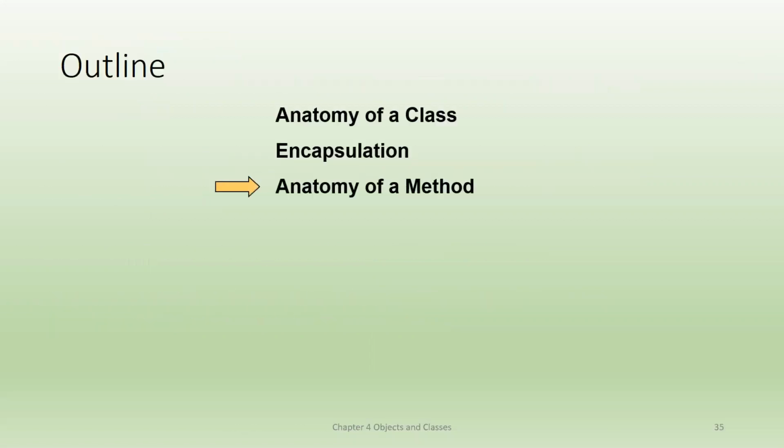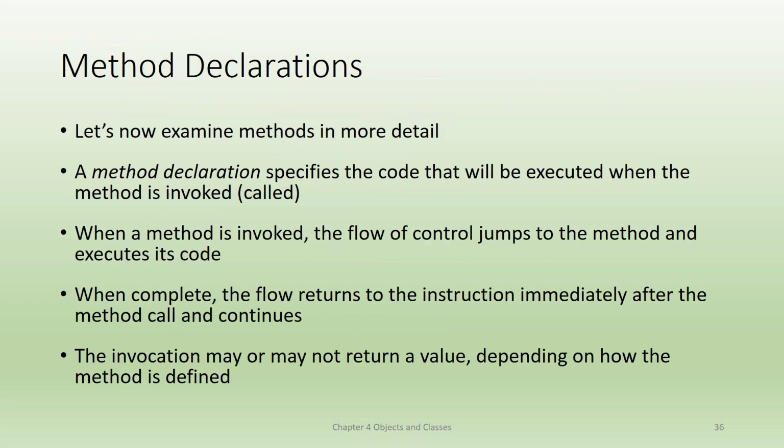Okay, anatomy of a method. We discussed this in Python, so you are already very familiar with how to write functions. This is very similar to function definition. So let's look at it. A method declaration specifies the code that will be executed when the method is invoked. When a method is invoked, the flow of control jumps to the method and executes its code.